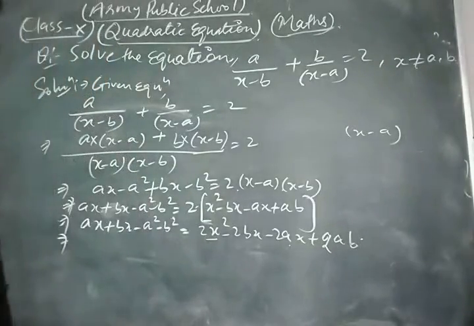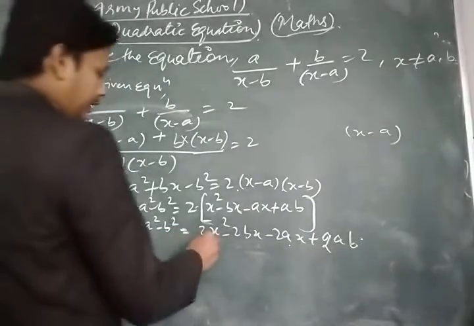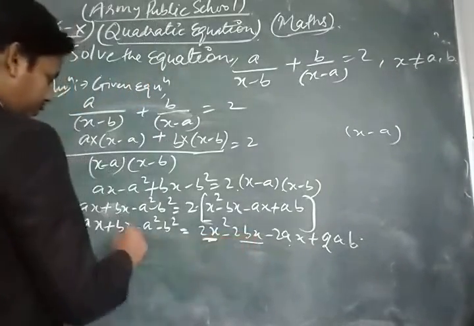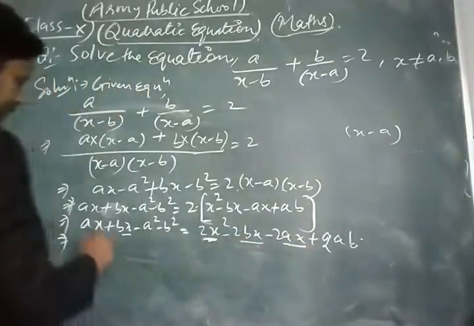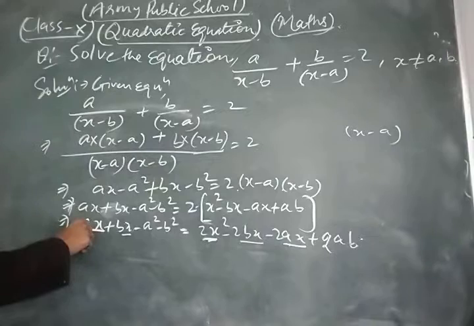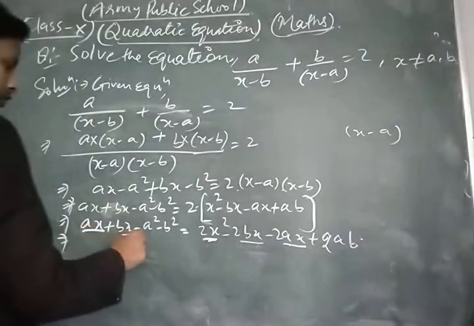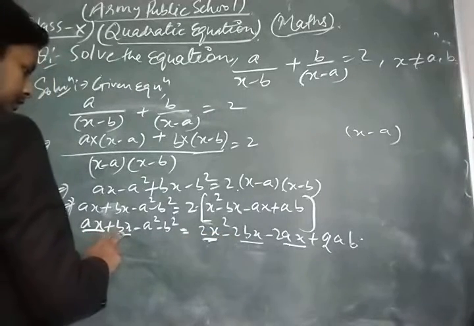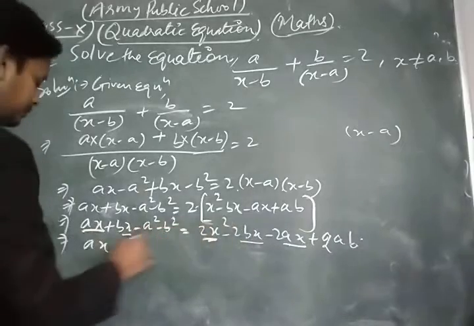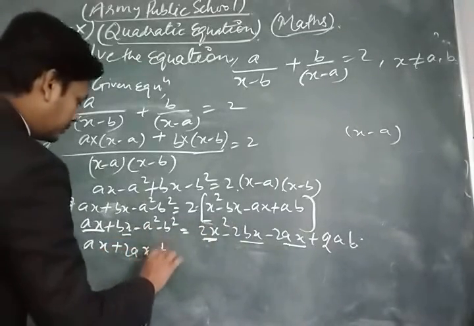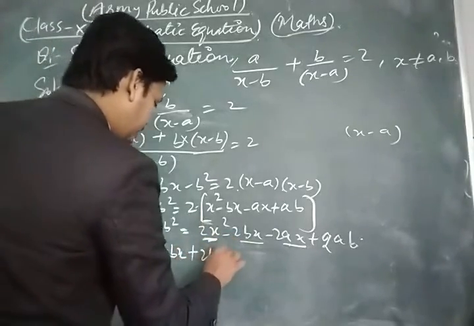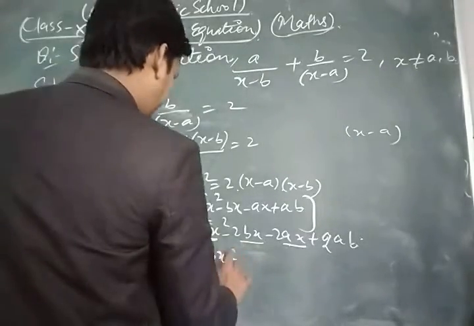Now look, we separate the variables. This is 2x square, this is 2bx, here 2bx is also there, and 2ax is there. Now ax, this is plus 2ax, and plus bx is there, and this is minus 2bx, transferring to that side it becomes plus 2bx.